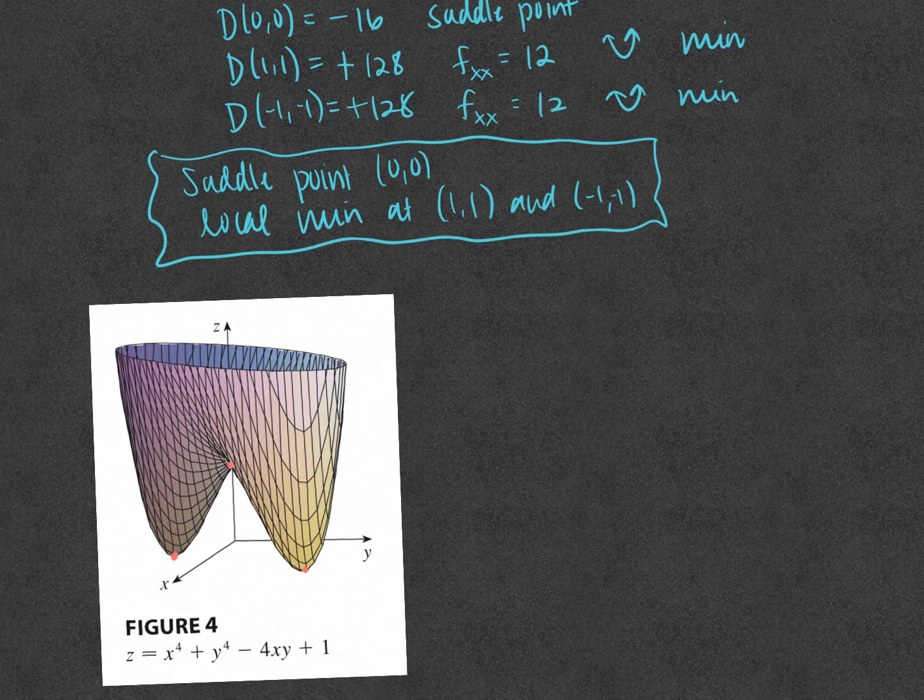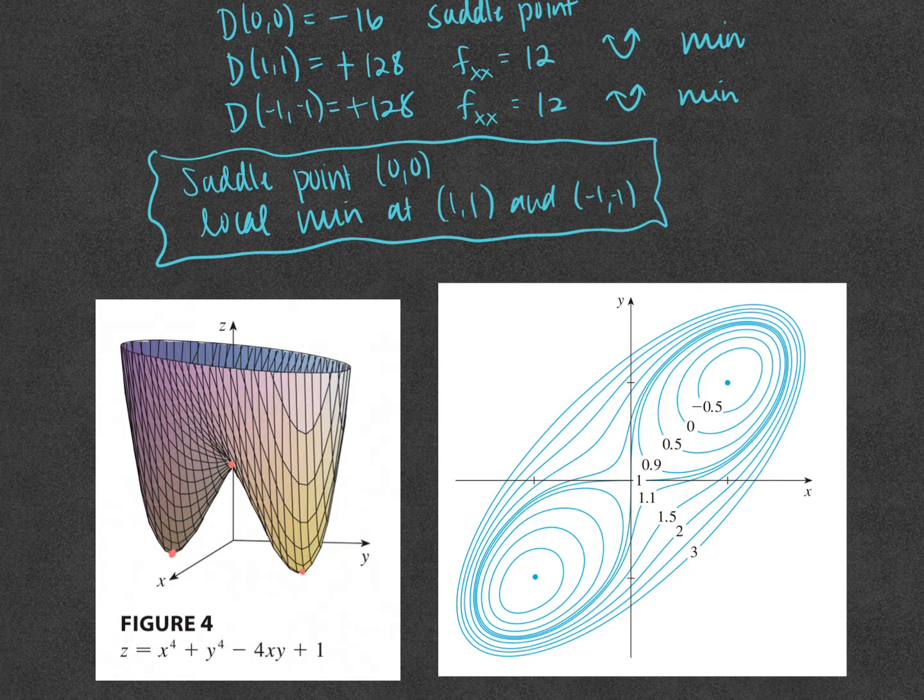The contour map is also cool. So if you look at the contour map here at the point, let me draw it in pink. Here at the point negative 1, negative 1, you can see that we're at a minimum because the z value is negative 0.5. And here at the point positive 1, 1, we're in the same circle, so we still have the same z value of negative 0.5. So those are local minimums.